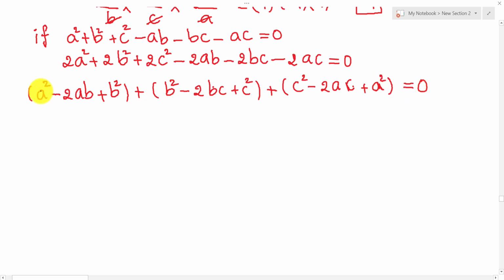This a and this a, we get 2a squared, and the b we get 2b squared, and the c we get 2c squared, and minus 2ab, minus 2bc, and minus 2ac.